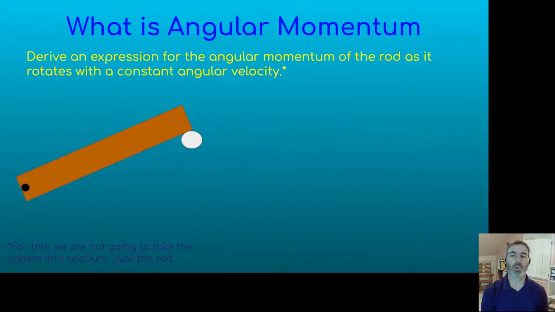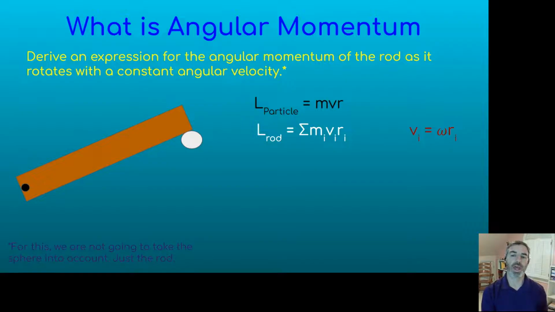So we know that the angular momentum of a particle is m times v times r, and the rod is made up of a bunch of tiny little particles that act at different velocities and different radii. So we're going to sum the individual masses, radii, and velocities. We also know that the tangential velocity of each particle is just the angular velocity times its individual radius.